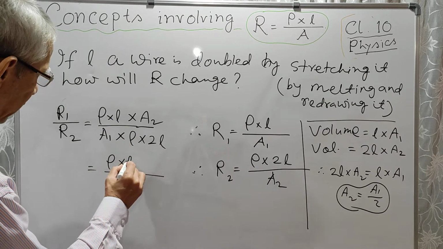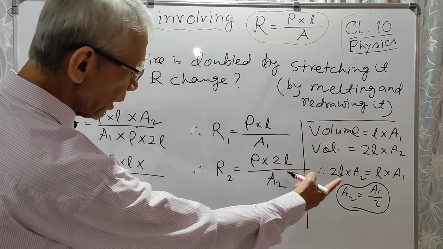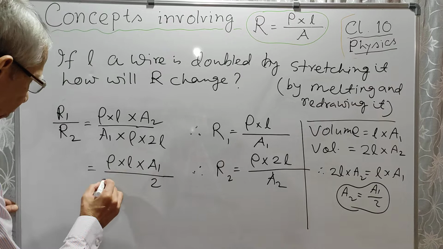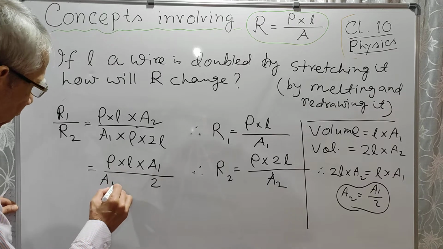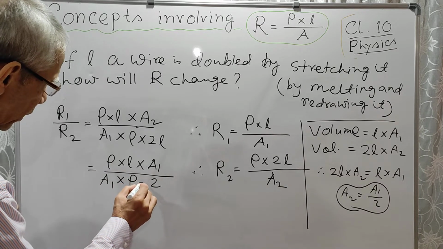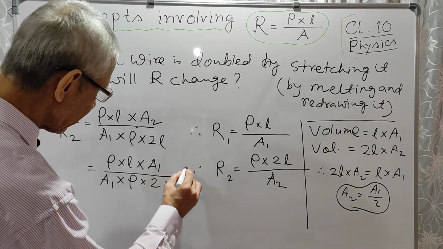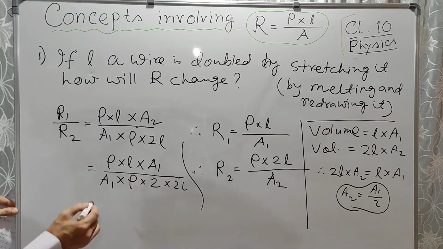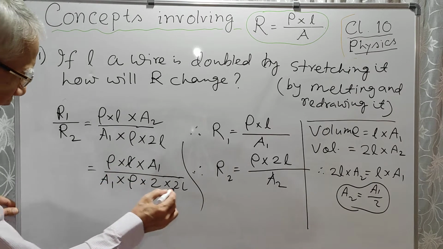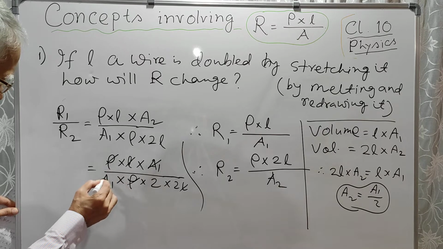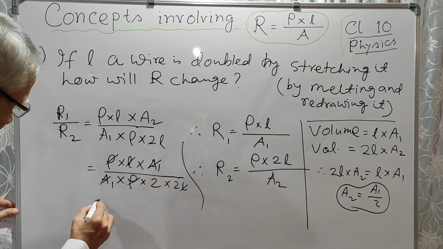So this becomes rho into L into A2. What is A2? A1 by 2. And the denominator is A1 into rho into twice L. Okay, so L cancels, rho cancels, A1 cancels.